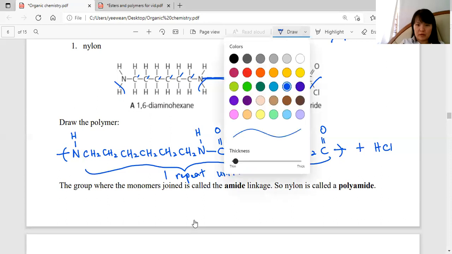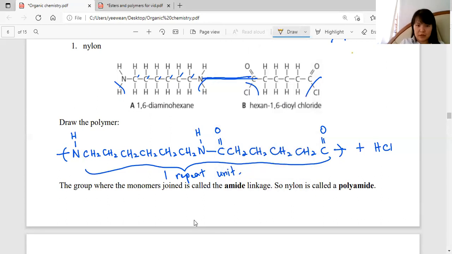Where it bonds on the CONH, this is called the amide linkage. So therefore, nylon is a polyamide. CONH is an amide. It's a functional group.